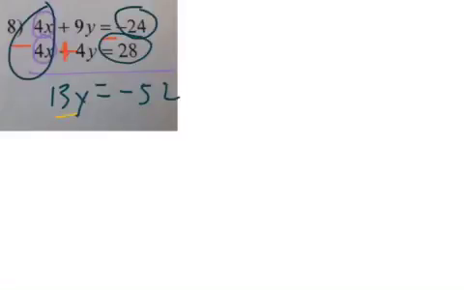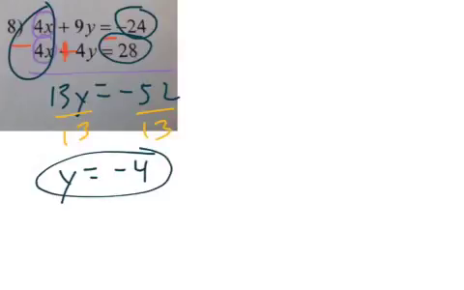So now I just need to simply divide by 13. And I know that y is negative 4. Now that I know y, I'm going to take that negative 4 and use the first equation. I'm just going to plug it right in there, substitute it in.